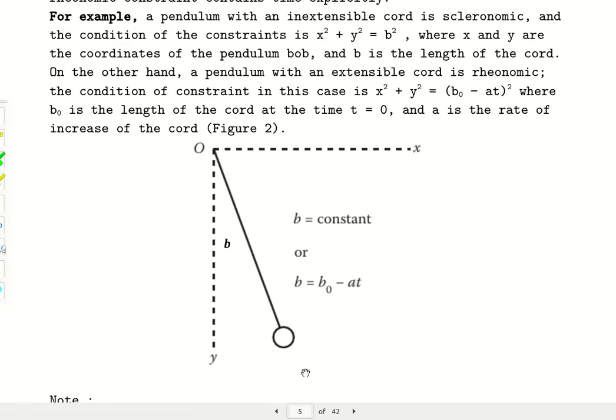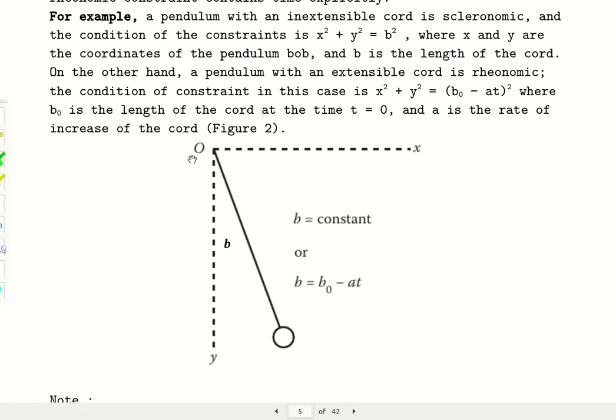For example, there is a pendulum. If the length of the pendulum is a function of time, that is, as written here, it is contracting with respect to time. When time rises, the length of the pendulum gets contracted. So the constraint here is a function of time and is called rheonomic.